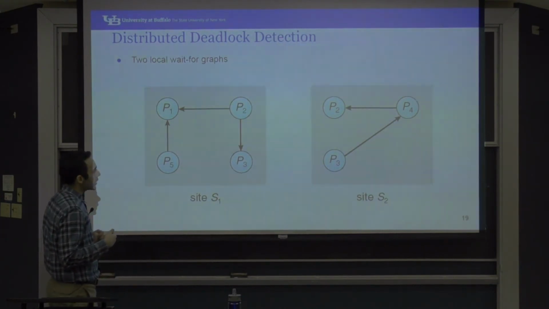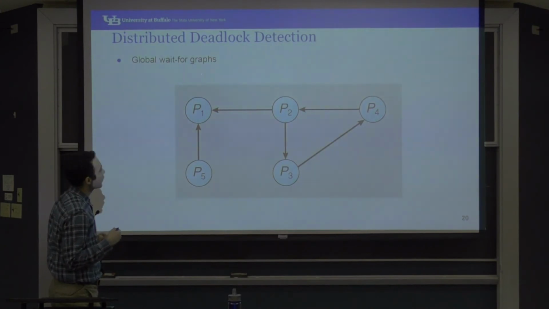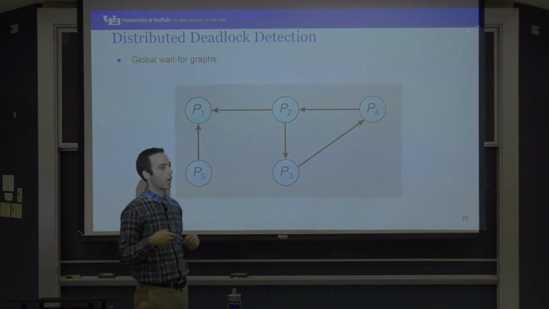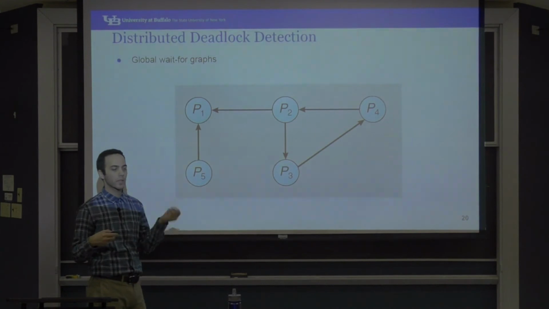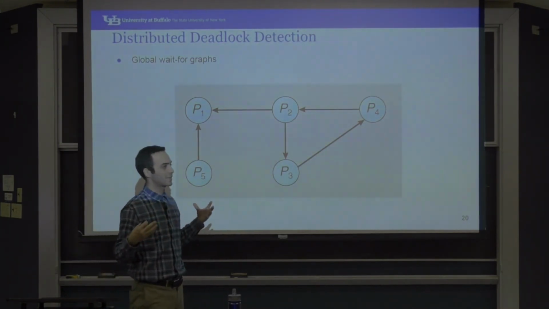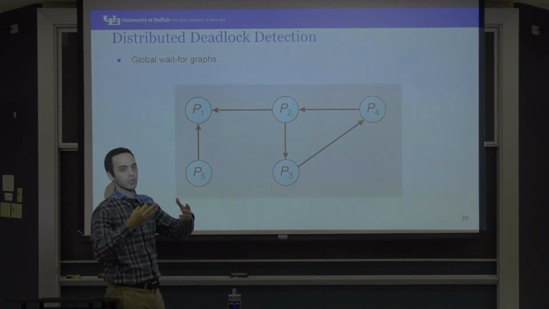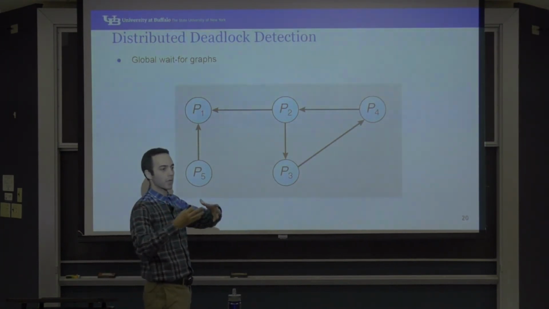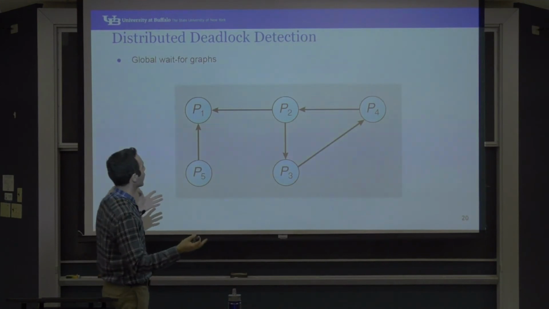So one way is to basically come up with a global wait-for graph. Either one of the nodes will be the coordinator, and everyone sends their information to it, so it can come up with the big picture, the global wait-for graph, right?